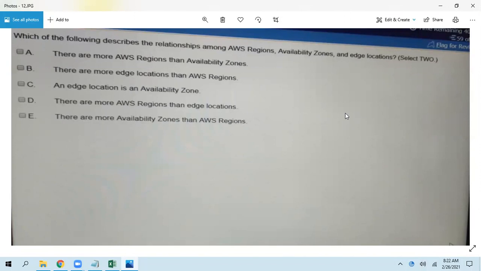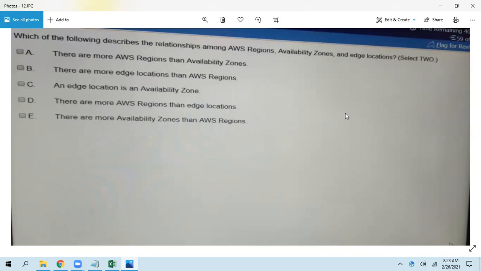Every region contains a minimum of 2 availability zones. So the availability zone count is always going to be more compared to regions, and across the globe approximately 220 plus edge locations are available.